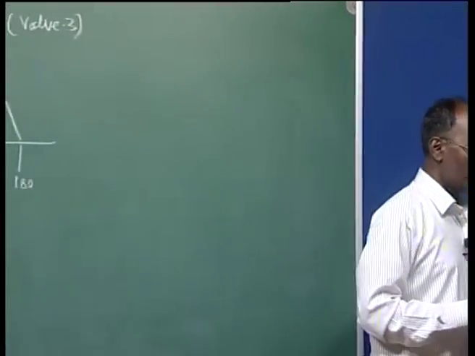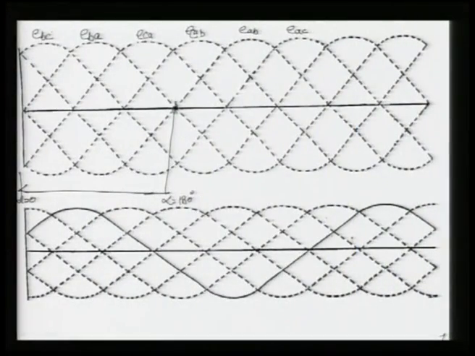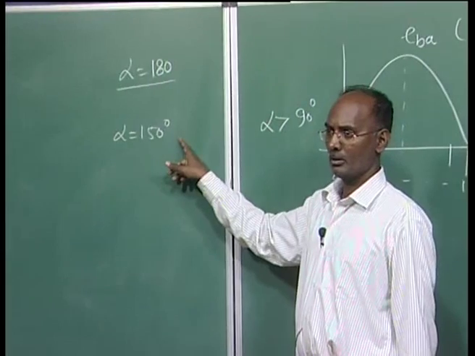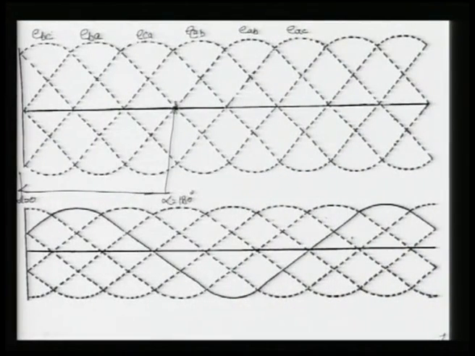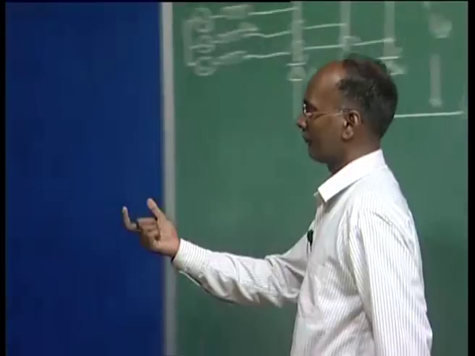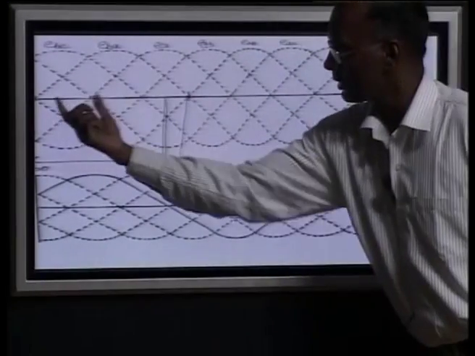Now, as I said, I want to draw the output voltage corresponding to alpha equal to 150 degree. You have to see where alpha is. Alpha starts here, with omega t equal to 0 at the beginning of this graph. This is 180 degree, this whole cycle. Alpha is 150 degree because this portion here is 60 degree: you can see 60, 60 and 60.